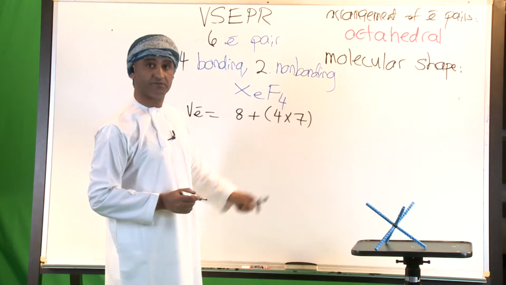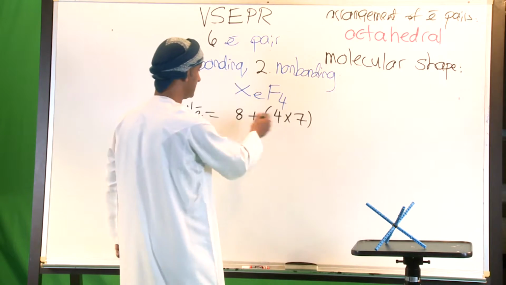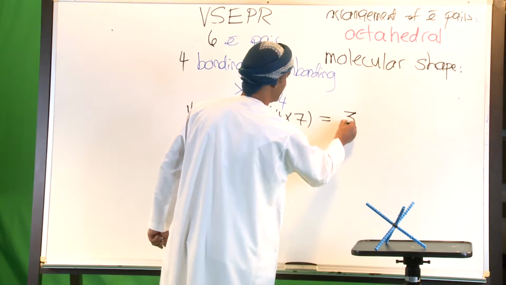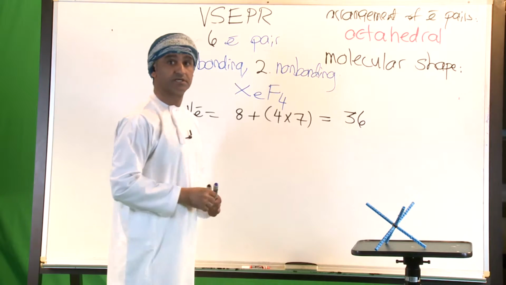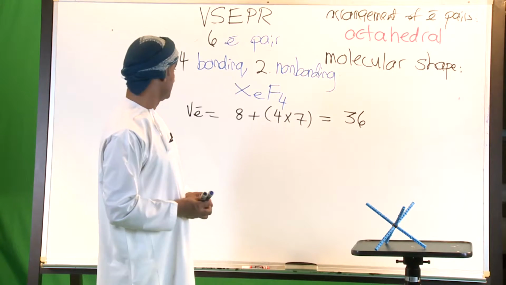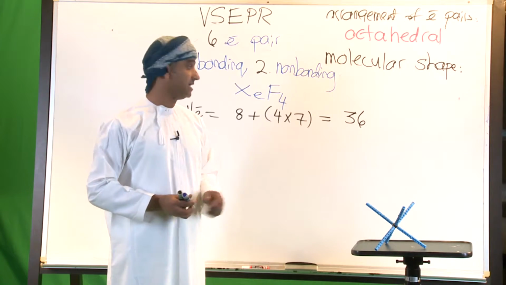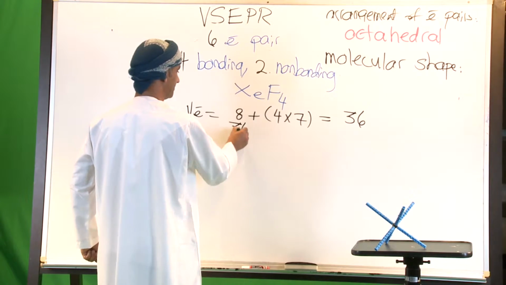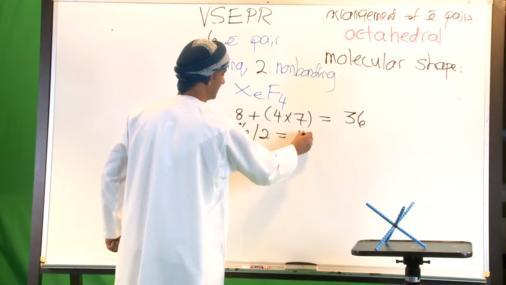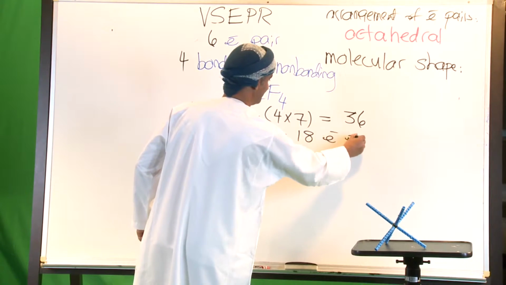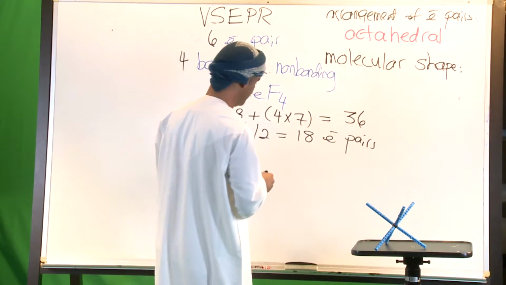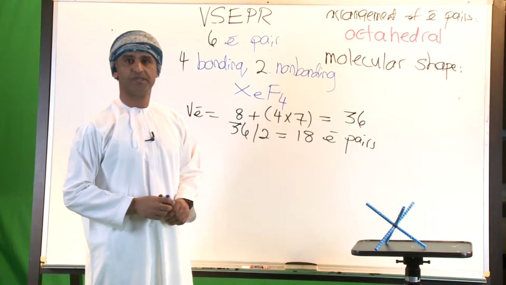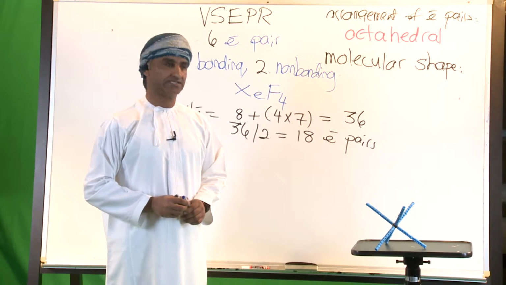There are 4 of them and each contributes 7, so 28 plus 8, that is 36 valence electrons in xenon tetrafluoride. If you divide 36 by 2, we get 18 electron pairs in this xenon tetrafluoride example.